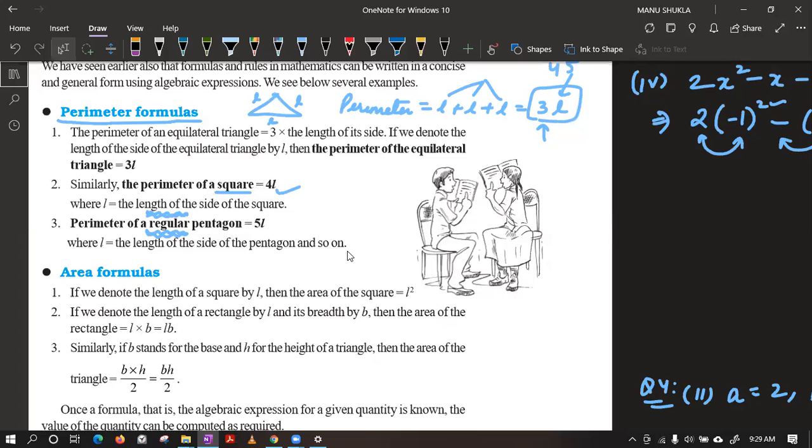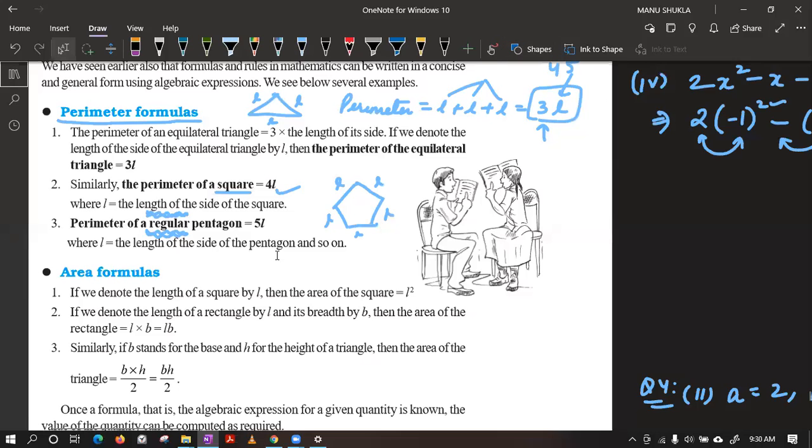So a regular pentagon means all the sides of the pentagon are equal, or you can say all are L only in this case. If it is given only pentagon, you can't take all the sides as equal. But if it is a regular pentagon, you can say all the sides are equal. Yes, beta, this is a regular pentagon.